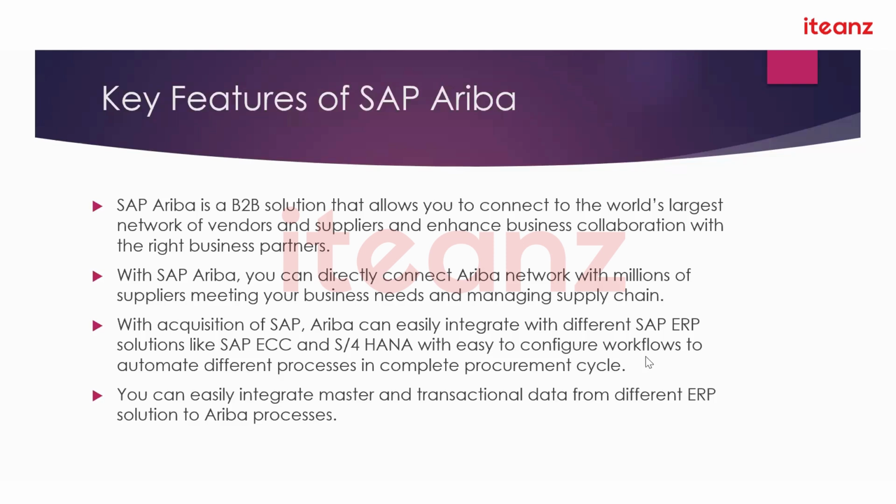We can also integrate the master data. Integrate is nothing but the ECC which I told you, from the backend. We can easily integrate by using CIG or web service, and transaction data from different ERP systems to process. Transaction data, as I explained, is the PR, PO, GR, IR, all the transaction data.